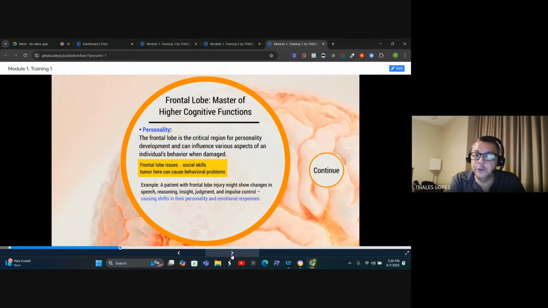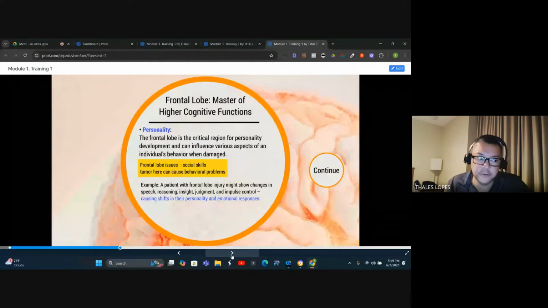So if you have a tumor in the frontal lobe, it could potentially cause behavior problems, right? So, for example, a patient with a frontal lobe injury might show changes in speech, reasoning, insight, judgment, and impulse control.